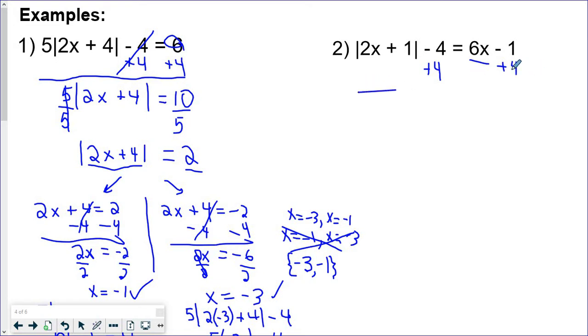And some students will say, okay, well, you now have produced, this just drops down. So some students will say, what's happened here is you have now produced a situation where it's almost like a loop. Like, what do I do over here? Because now you have 6x plus 3. Should I move the 3 over? Remember, the purpose is not to solve for x. The purpose is to solve the absolute value.